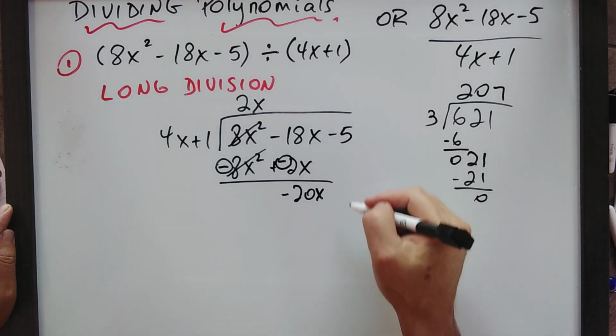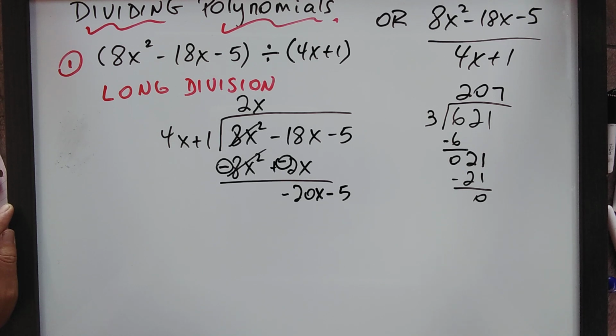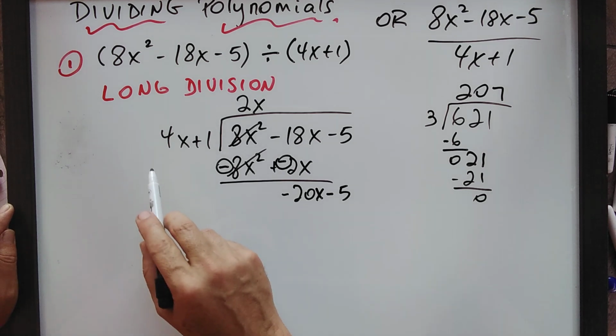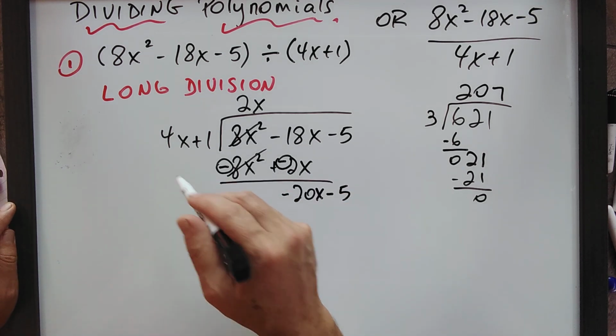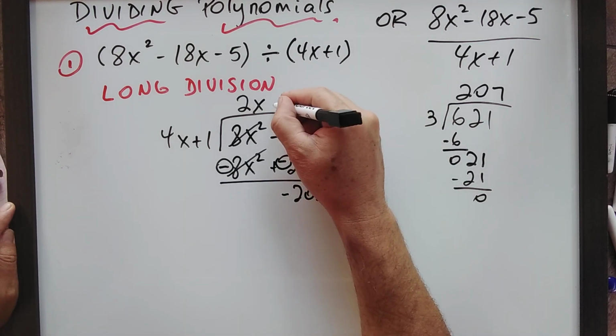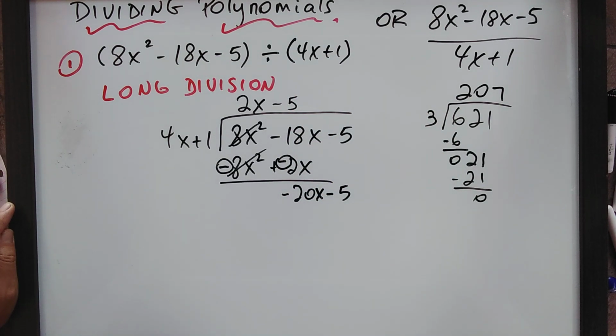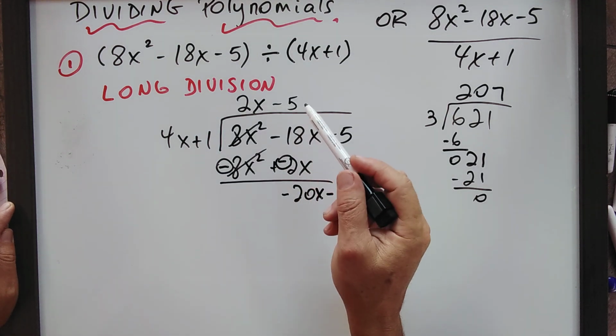What's the next term? Bring down the next term, and then divide. Negative 20x divided by 4x is what? Negative 20 divided by 4 is negative 5, and the x cancels out. Then we repeat the process.